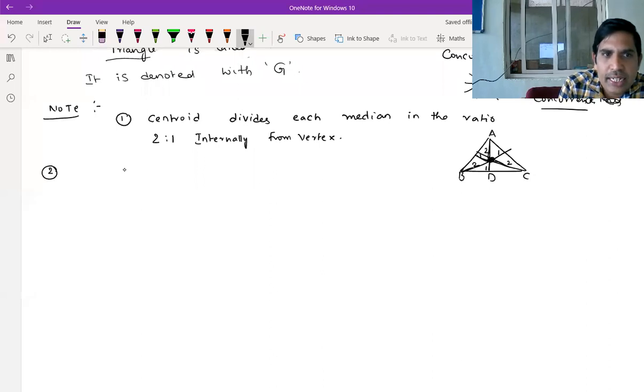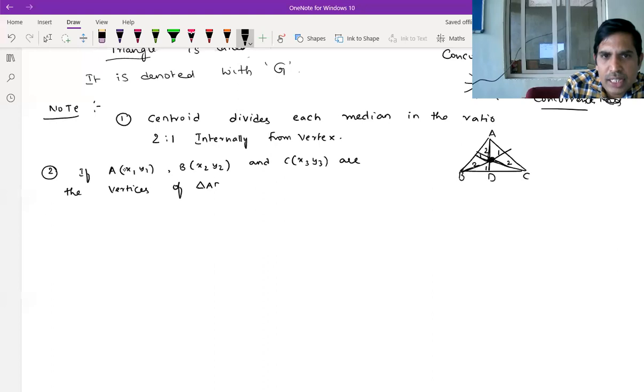Come to second note point. If A(x1, y1), B(x2, y2), and C(x3, y3) are the vertices of triangle ABC, then the coordinates of centroid are given by.